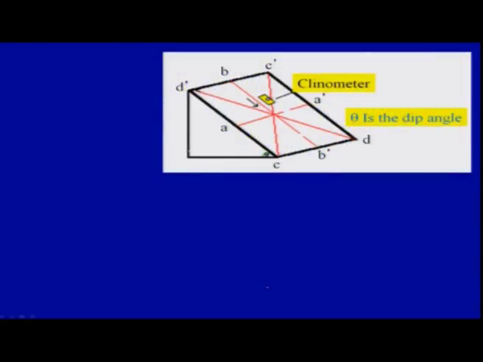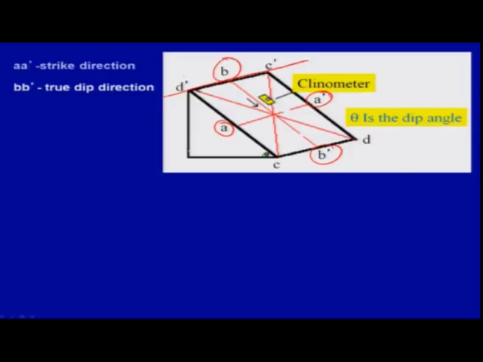This is again the same, to explain the same part. You have A dash, which is your strike direction, equivalent to the one here. Then we have B dash, which is the true dip, and C dash, and then D dash.